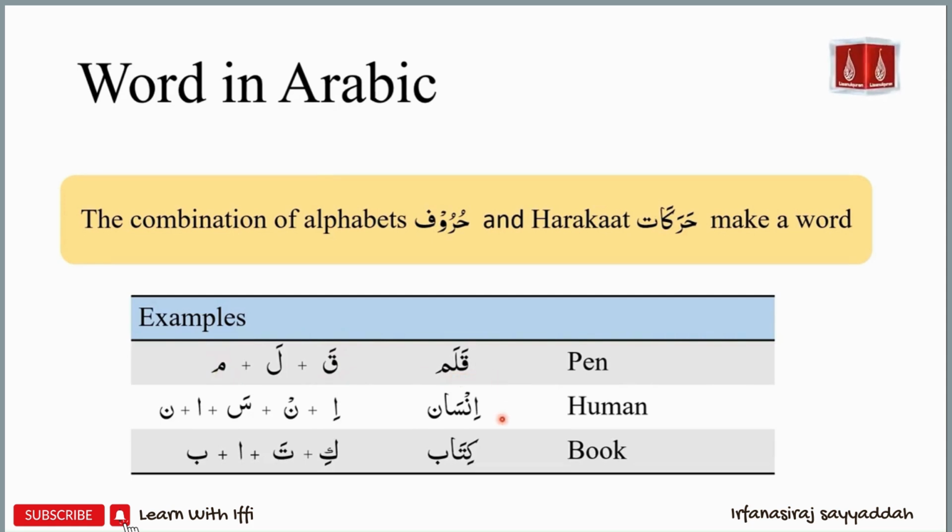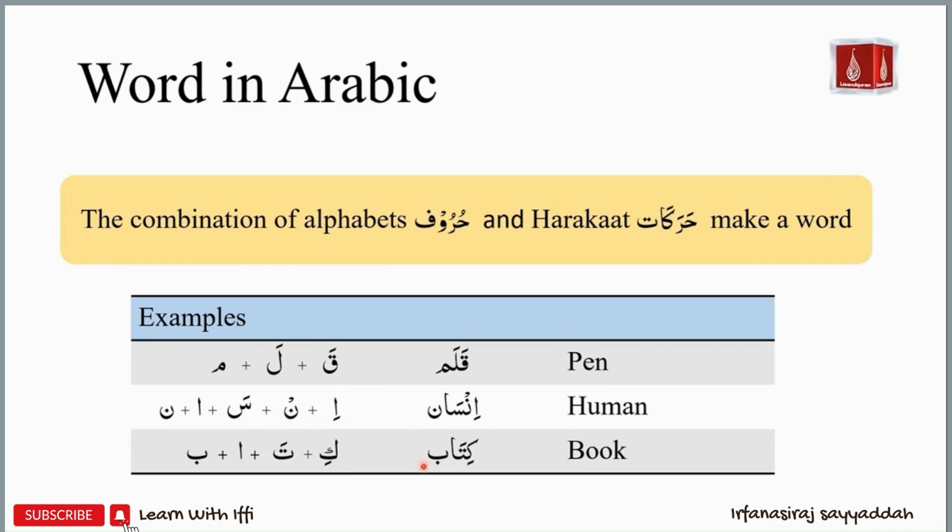The next word is insan, which means human. Insan is made of the following huruf: hamza. Remember, this is hamza, not alif, because of the presence of zair. Noon, seen, alif, noon. So the combination of these huruf and harakat will make the word insan.